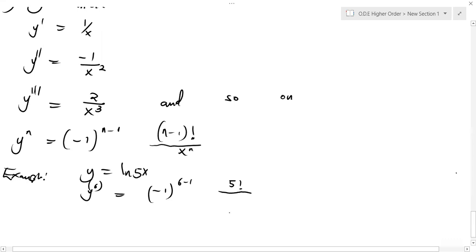So all this divided by x raised to power 6. And this is going to give us 5 factorial is 120, 6 minus 1 is 5, so here we'll have a minus, and then we'll have 120, all this divided by x raised to power 6.